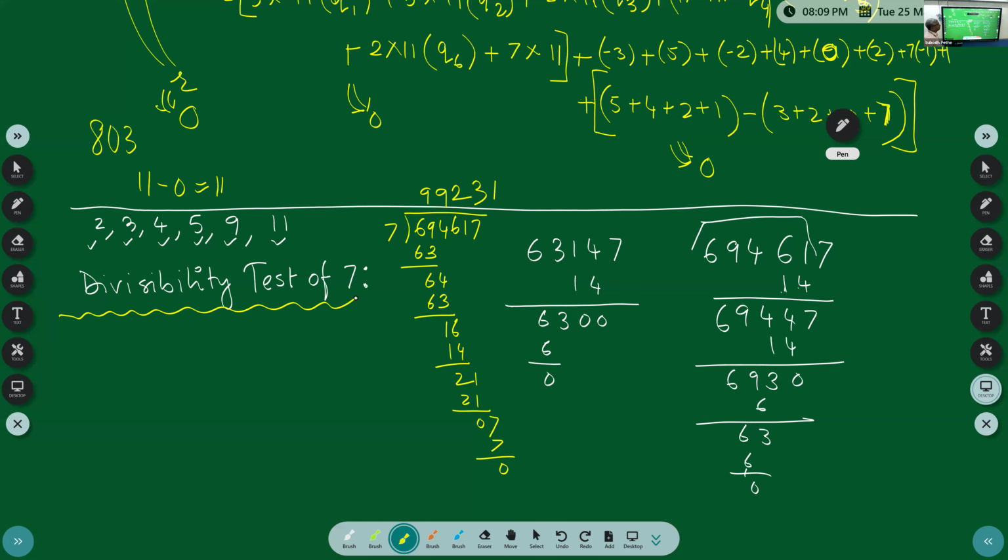In our time it was not given; is it there now? State board, CBSE. Yes, everybody knows why it works.